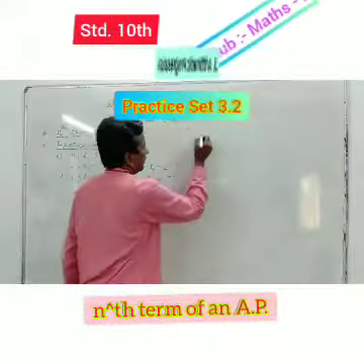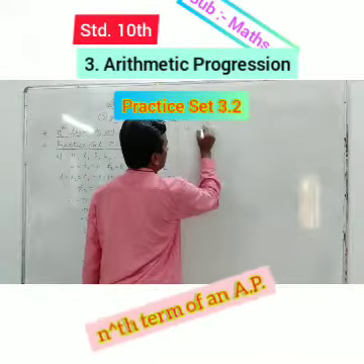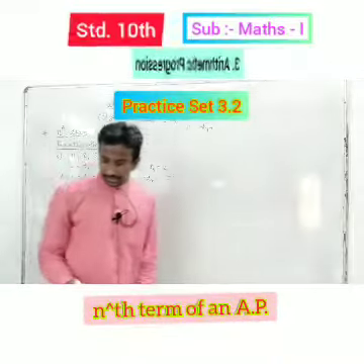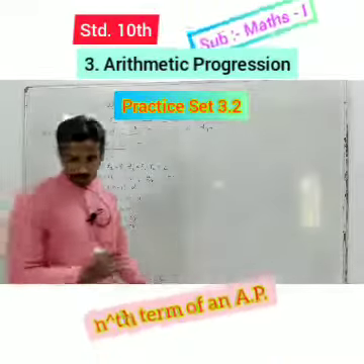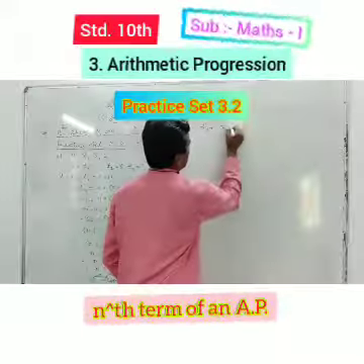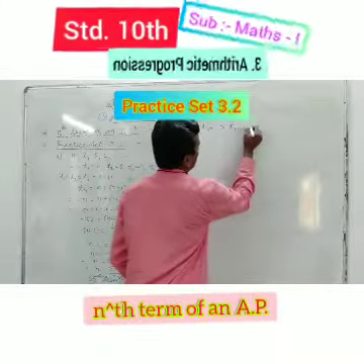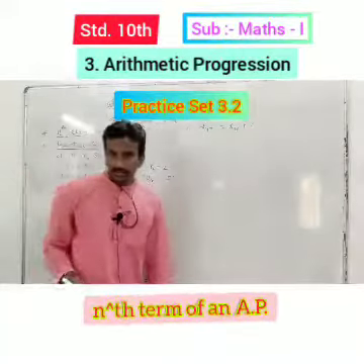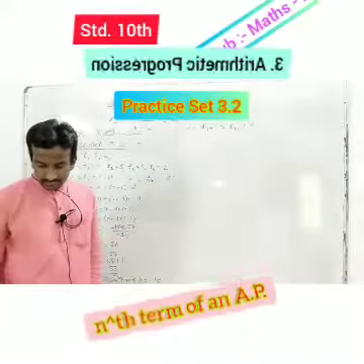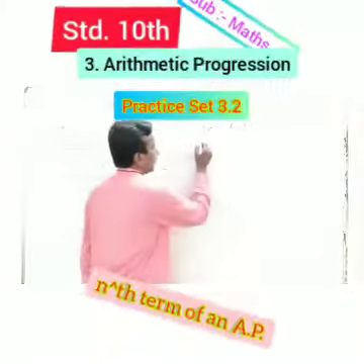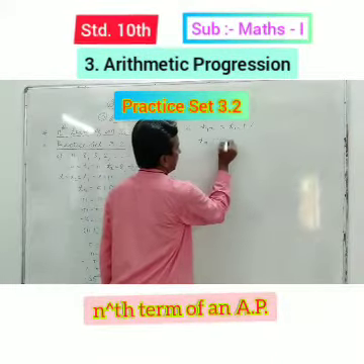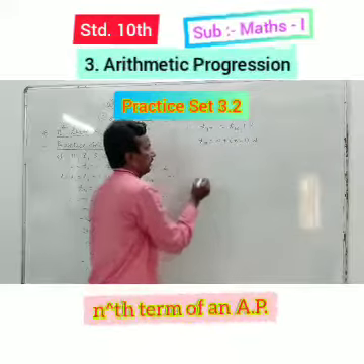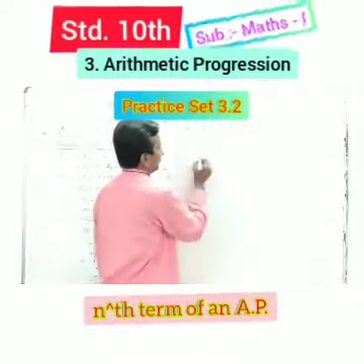Question number 10. The 17th term, T17, is 7 more than its 10th term, which means the 10th term plus 7. This is the condition. Now we know the formula: Tn is equal to A plus n minus 1 into D. Find the 17th term and the 10th term.